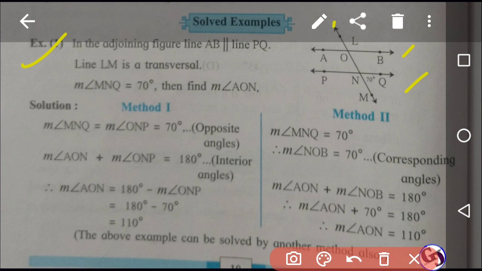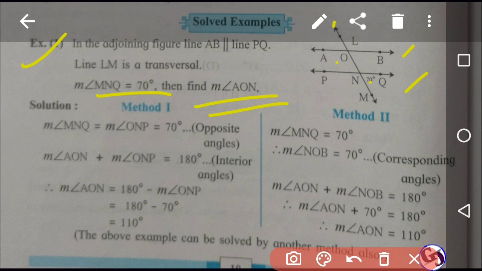Given measure of angle MNQ is 70, and we have to find the measure of angle AON. Yes, we have to find the measure of angle AON.